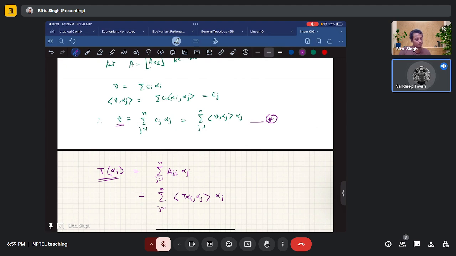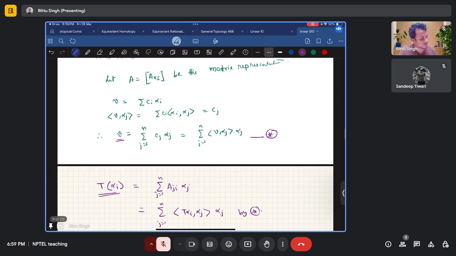Yes, sir, clear. This is by star. So we have assumed this AIJ. I am comfortable with this notation. So if AIJ is the matrix representation, that means we can write T alpha 1, as an example, as A11 alpha 1 plus A21 alpha 2 up to AN1 alpha n.